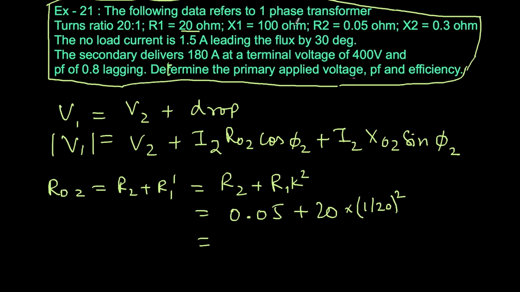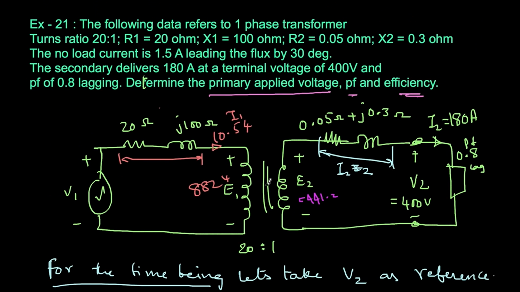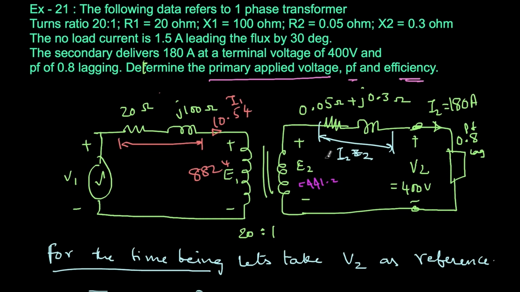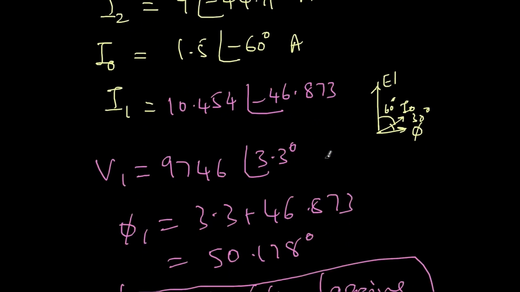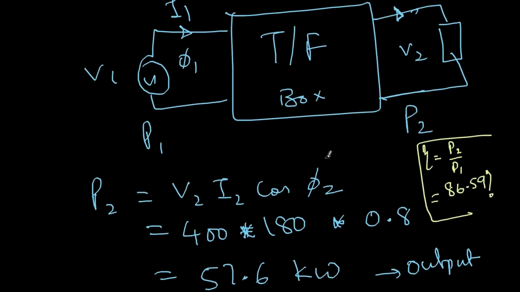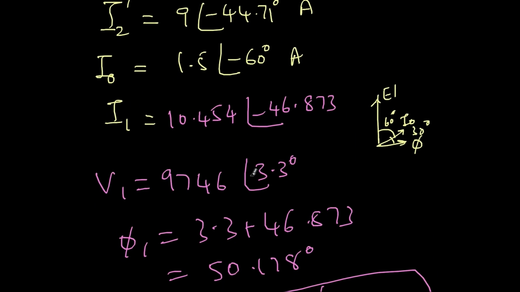We had solved this problem earlier, this was example 21. Finally, the answer that we got after so many calculations, so much coding and everything, was 9746. Let's make a note of this.